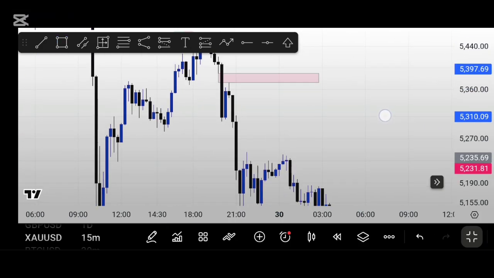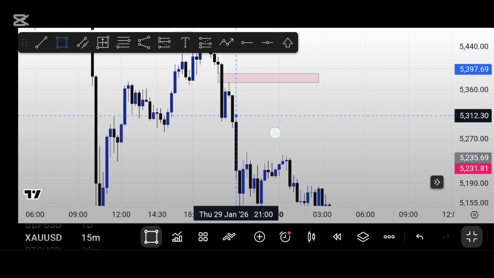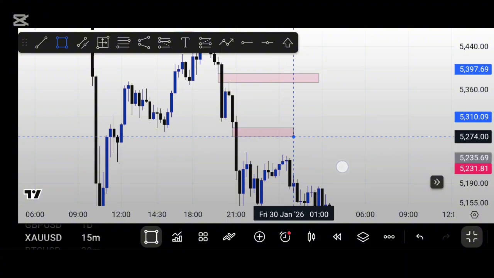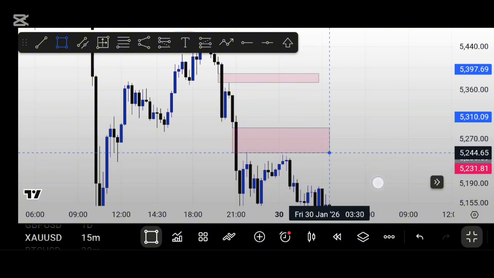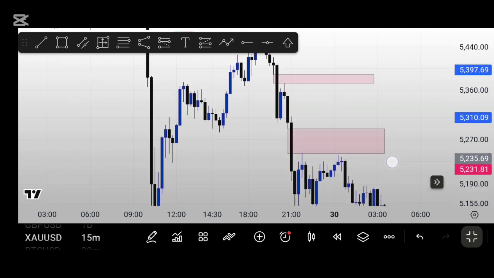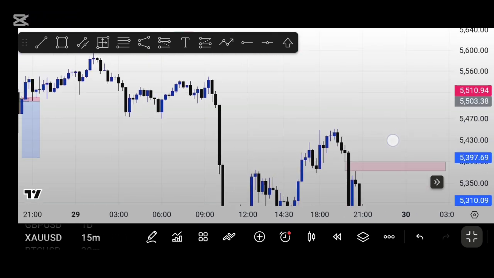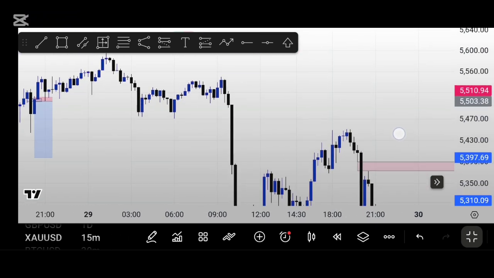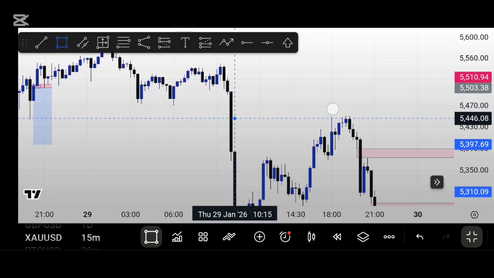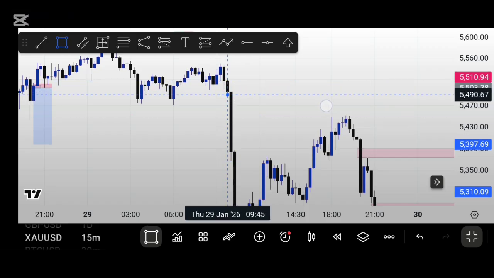So in case someone wants to say you can wait and see another fair value gap here, this gap and this gap. This is a fair value gap. So every gap in the market is considered a fair value gap, no matter how big it is. You get, no matter how big it is, it's still considered a fair value gap.